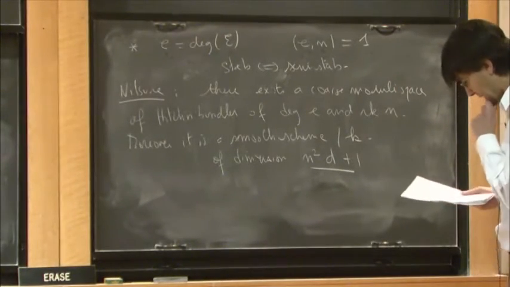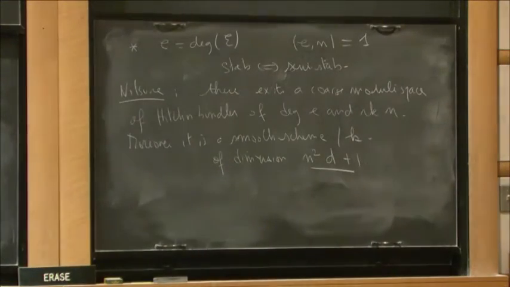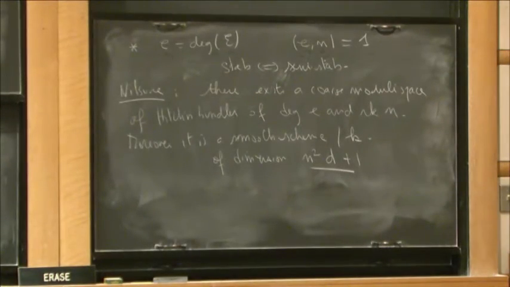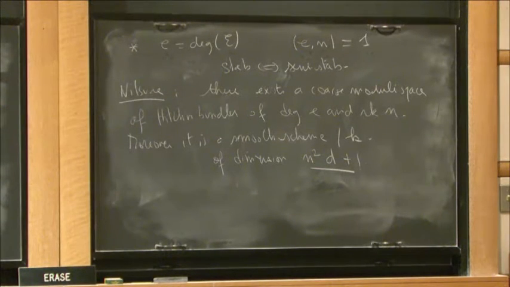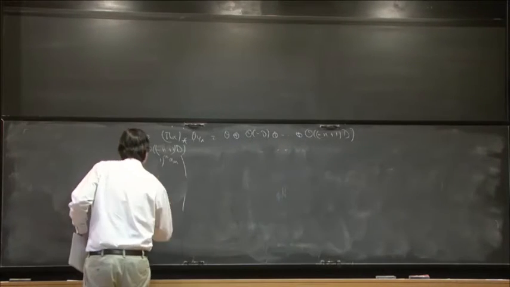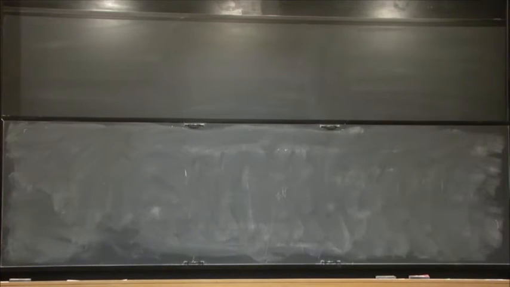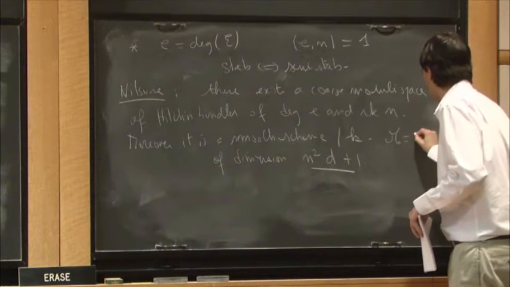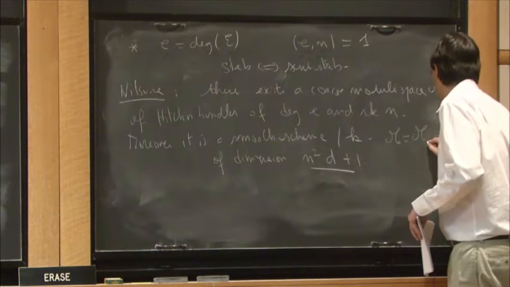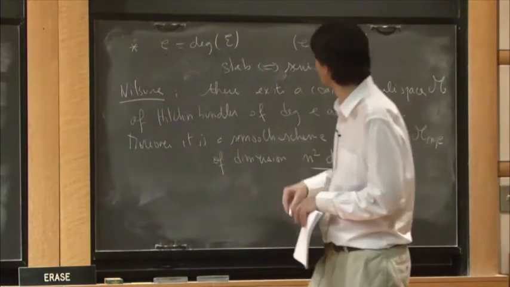Okay. And now we can interpret the characteristic polynomial as a morphism. Let me denote it by m, and if I want to be more precise, I will denote it by m_{n,e} if I want to recall the degree and the rank.